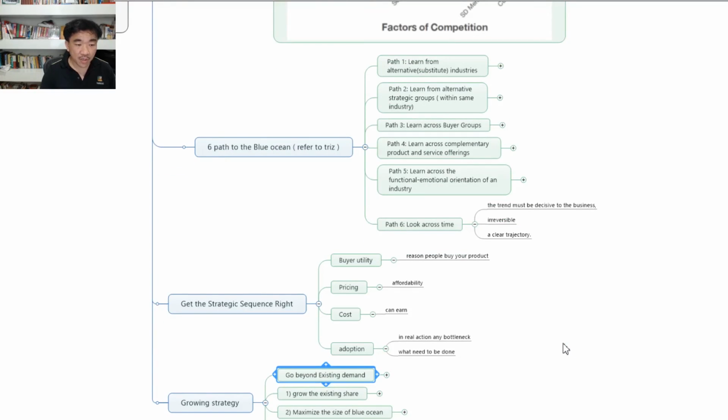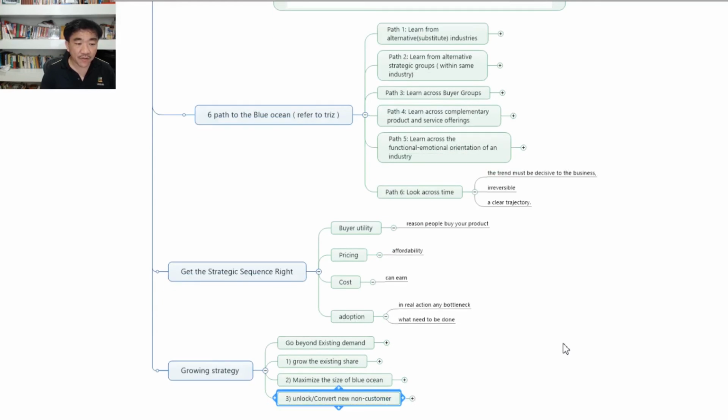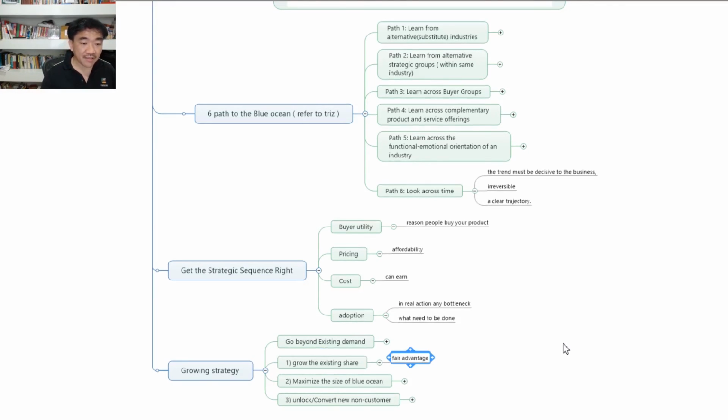In order for you to grow, you have a few ways to grow. First, you grow from the existing segment. You need to be better. We call this in business terms fair advantage. You need to have a fair advantage over other people.